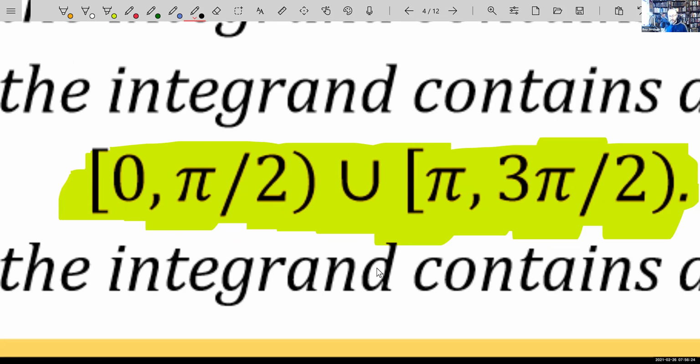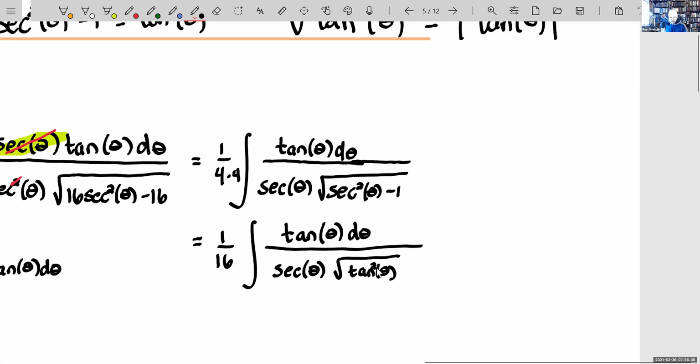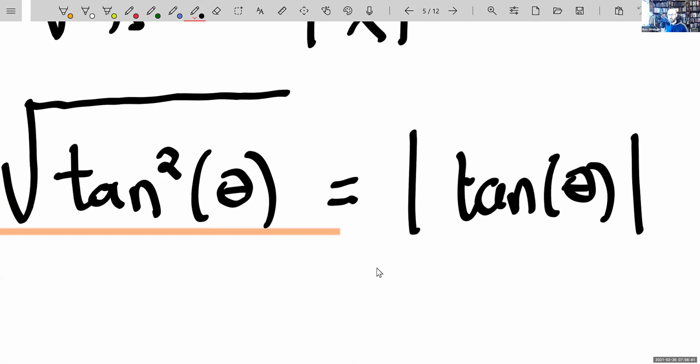Again, I'll make a separate video to justify this. It's very deep to get into in a single lecture. Tangent in quadrants 1 and 3 is already positive, so I don't need those absolute values. And that same argument works for all of them.